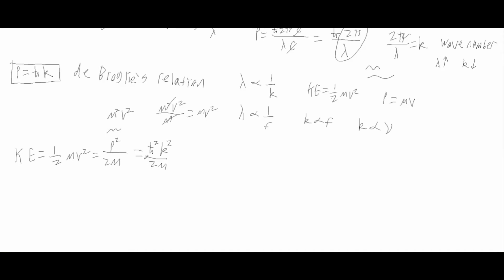So this is also our kinetic energy here. And then we can say that total energy, which I will just use E for, is equal to h bar squared k squared over 2m. Then we also want to add that potential energy, and as we saw in previous videos, that's often uppercase V that is used for that.